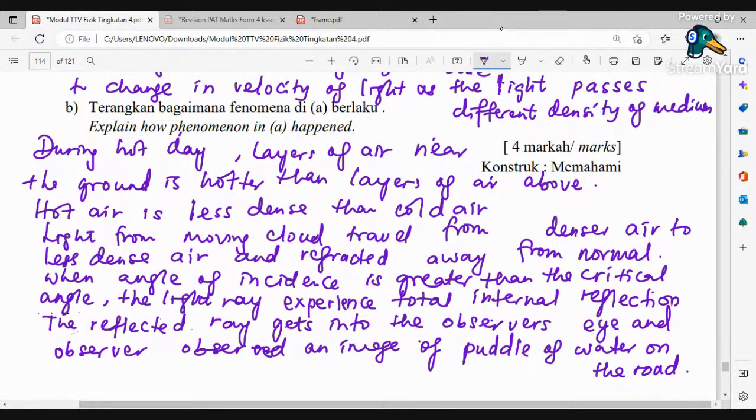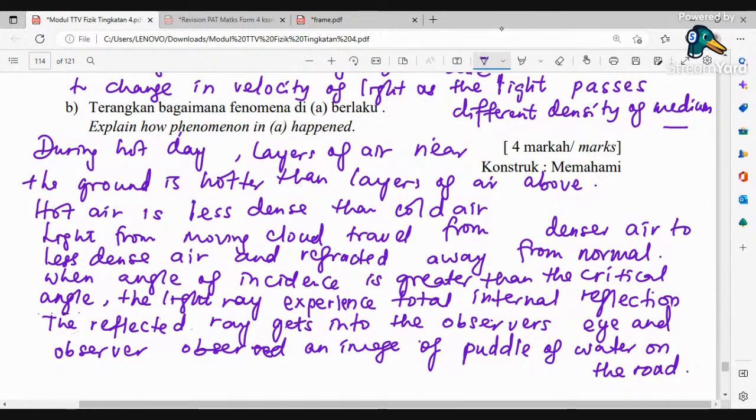Okay. During hot day, layers of air near the ground is hotter than layers of air above. Hot air is less dense than cold air. Light from moving cloud travel from denser air to less dense. Dari atas denser, bawah less dense. And refracted away from normal. When angle of incidence is greater than the critical angle of the layers of air, the light ray experience total internal reflection.